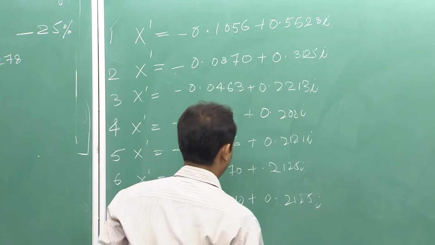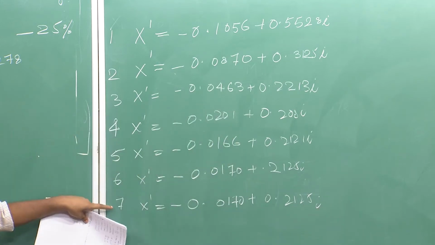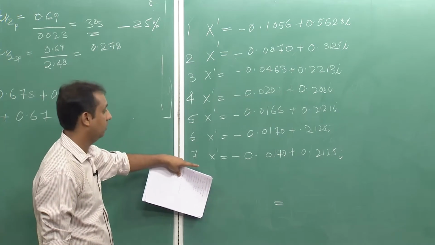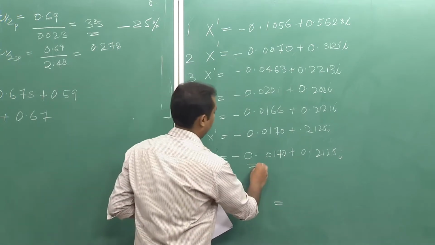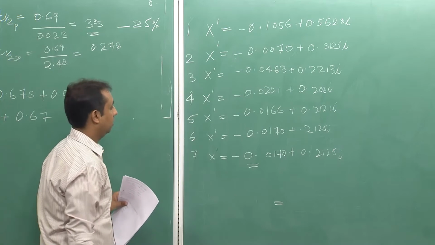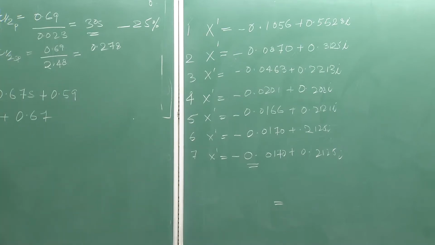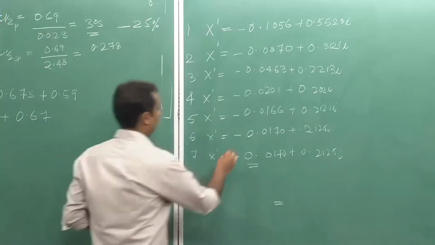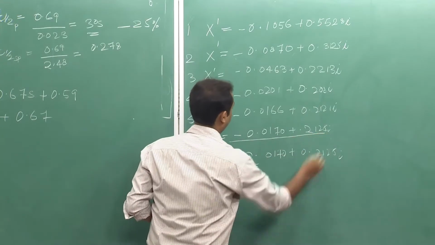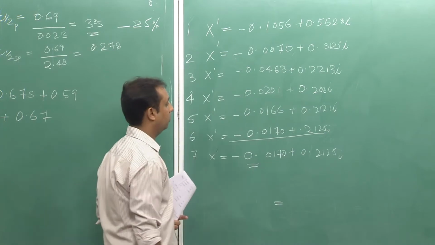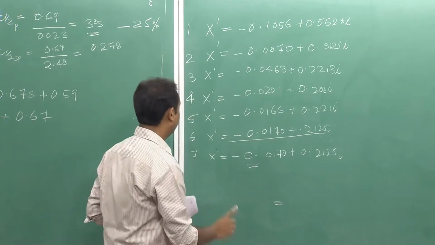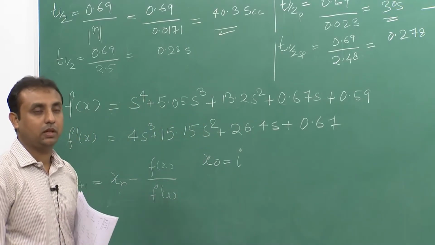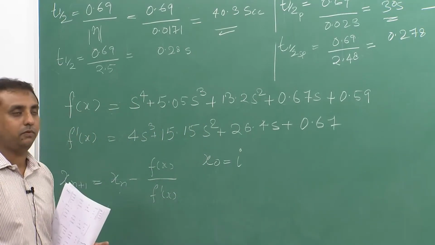Now, as you can see, after the sixth iteration, the solution of this equation will have the same value, and this value will be repeated. So, we can say one root of this characteristic equation will be minus 0.0170 plus 0.2125 i. Now, since we know this is a fourth order equation, it will have four roots and all the roots will be conjugate of each other.